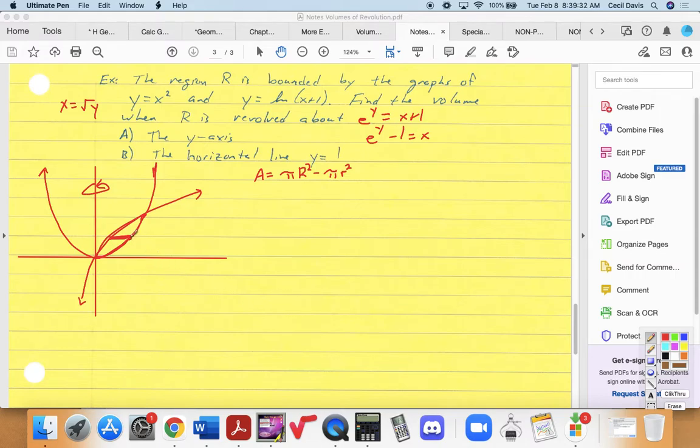So when I put my points on here, this point, again, that's some random y coordinate, but the x coordinate is the square root of y. For this point, again, it's some random y coordinate, but the x coordinate is e to the y minus 1.